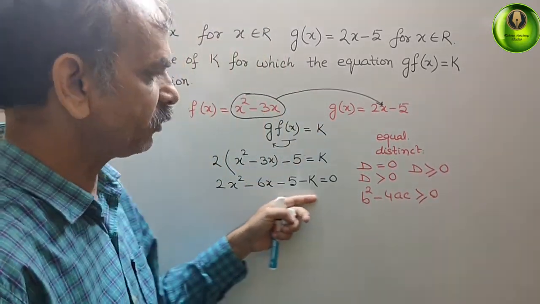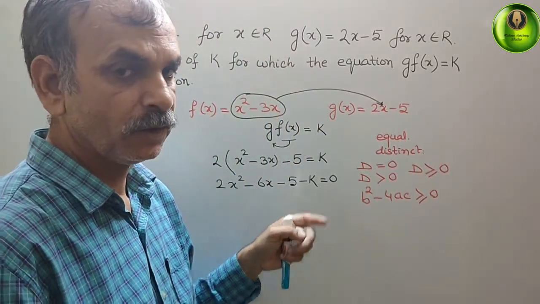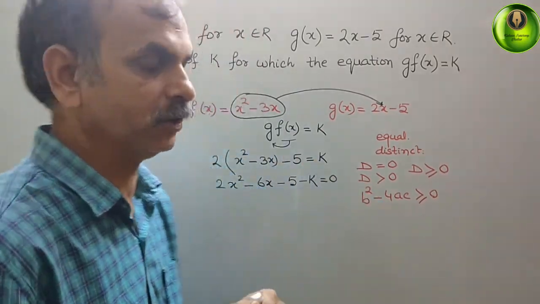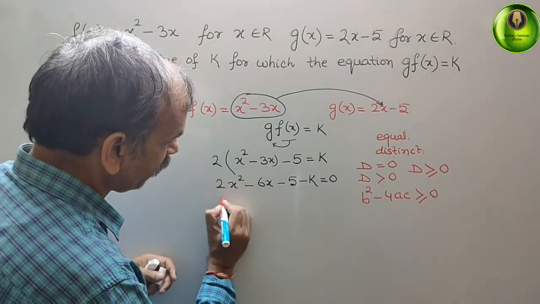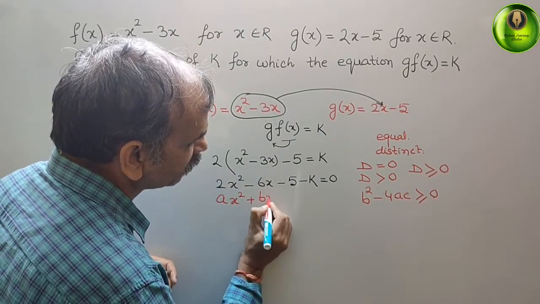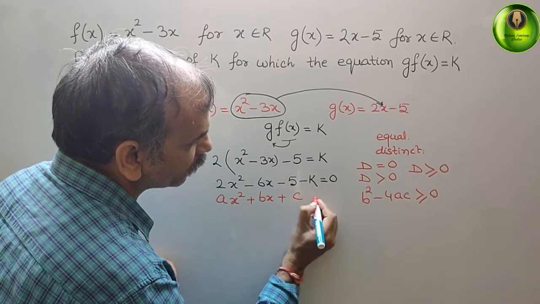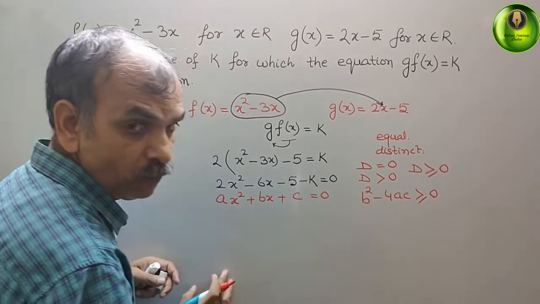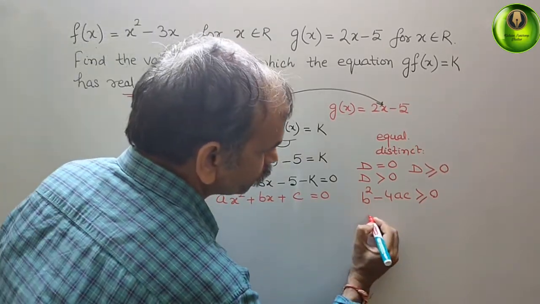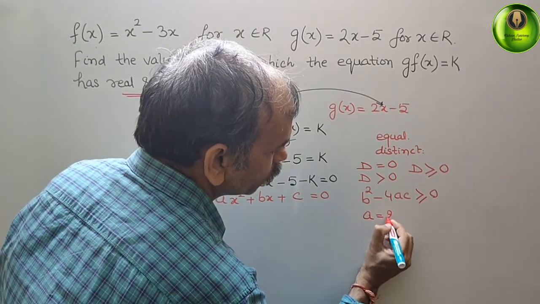Now, so this is your equation. So now we will just compare with your standard quadratic equation, that is ax square plus bx plus c, that gives you 0. If you compare here, a is equal to 2. a is 2.